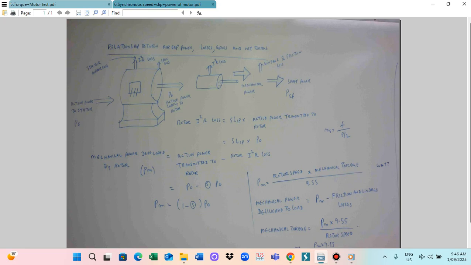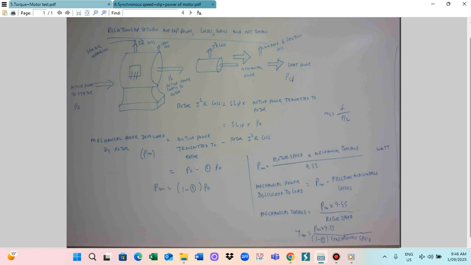This mechanical power also has windage and friction loss. We subtract those friction losses and finally get the shaft power, PSS. This is the power flow configuration for the motor.